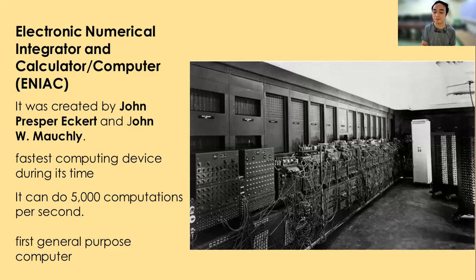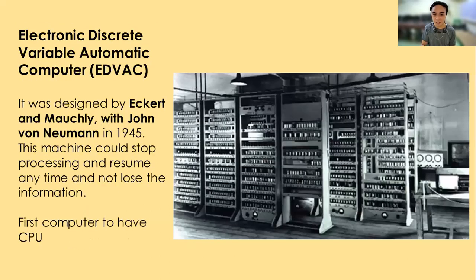Let's go to the EDVAC, or the Electronic Discrete Variable Automatic Computer. It was designed by Eckert and Mauchly, but by this time with the help of John von Neumann in 1945. This machine could stop processing and resume anytime and not lose the information. It is the first computer to have a CPU.